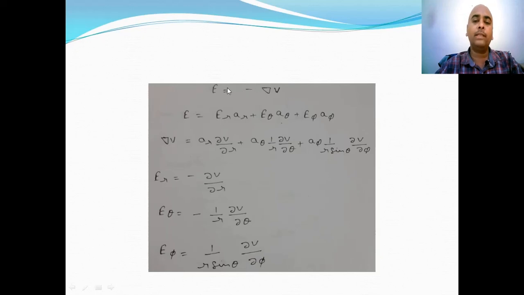Now we have already studied that the electric field can be derived from the potential by taking the negative of del of V. So if E is in spherical coordinates, as we have assumed that we are proceeding with spherical coordinates, E can be written as E r, E theta and E phi.